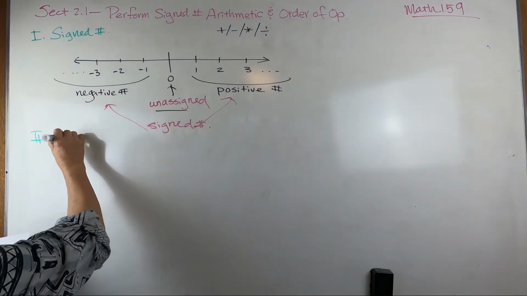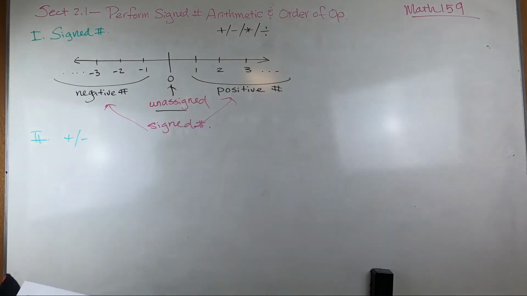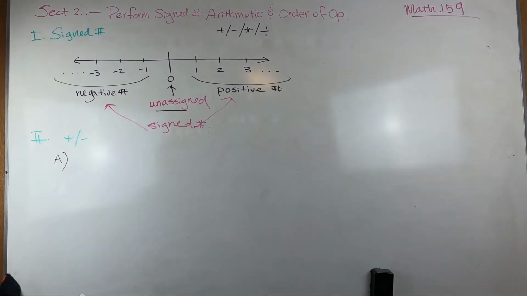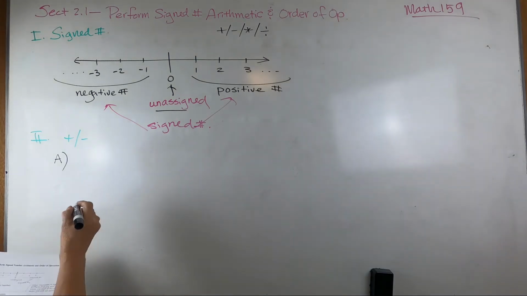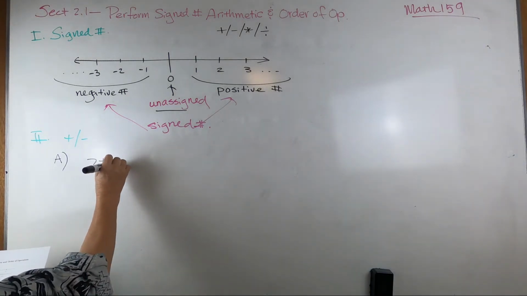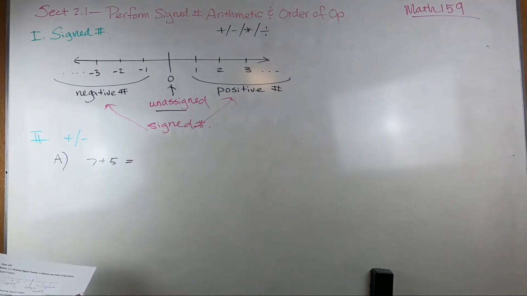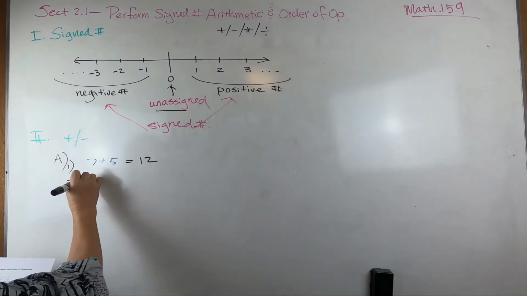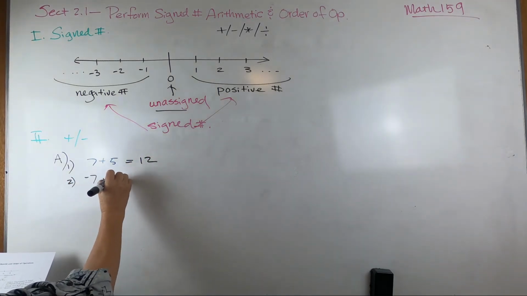So we are going to do add and subtract, and we do multiply and divide. So let's do add and subtract first. Remember what to do? So, what do you think? 7 plus 5 is 12, right? Of course. What happened to the negative, right?